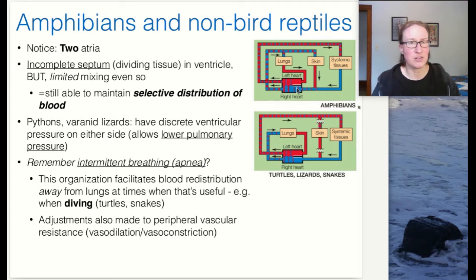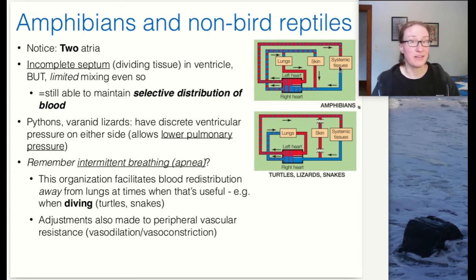So in these circuitry diagrams, right, that's illustrated with these little stripes coming across between the halves of the ventricle, just to illustrate that more oxygenated blood in the left side of the amphibian heart is going to remain primarily on the left side of the ventricle, that single ventricle, before traveling out to the systemic tissues.